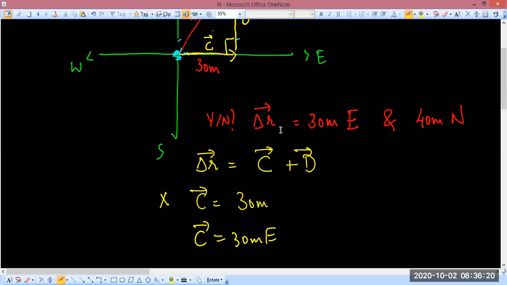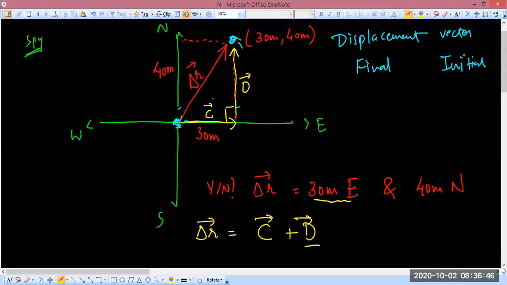Yes, because I'm specifying that this is a vector, it should have a direction. So that's why this is only magnitude, so it's wrong, but this is correct. Do you see that C is 30 meter east, plus D, where D is 40 meter north?